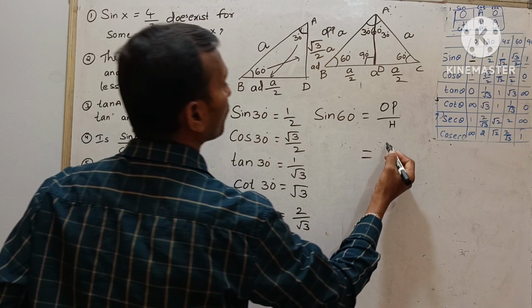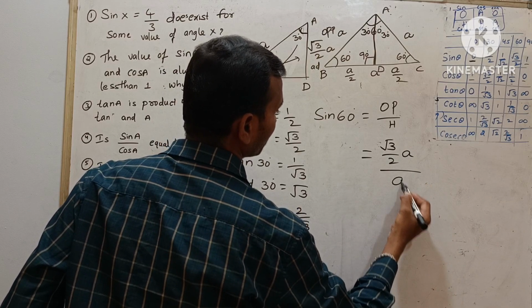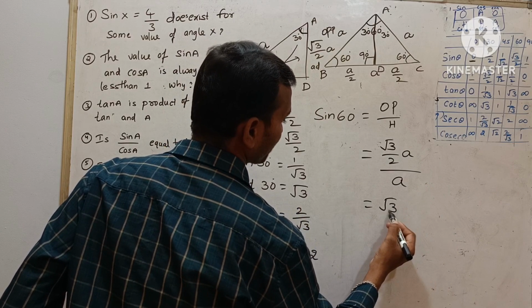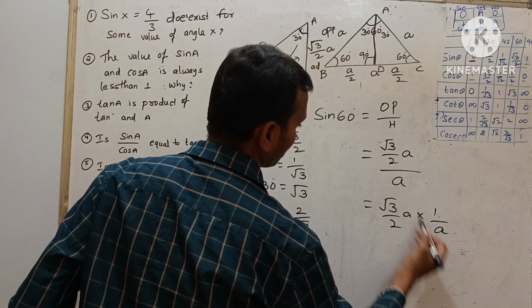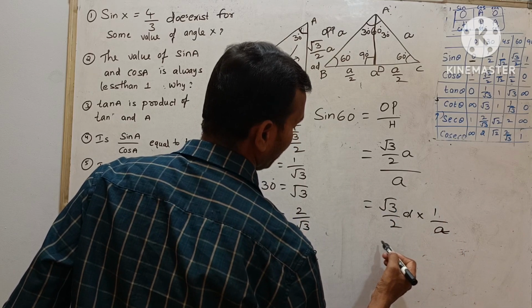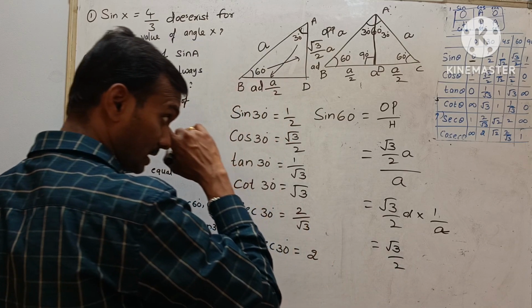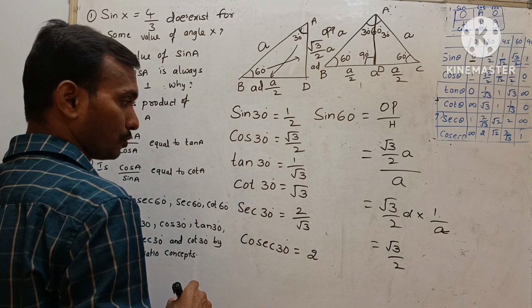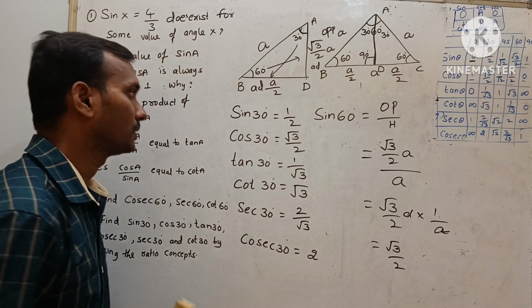Our opposite becomes root 3 by 2 times A, and the hypotenuse is nothing but A. Fraction by fraction, it becomes reversed, 1 by A. A gets cancelled, we are left with root 3 by 2. Sin 60 is nothing but root 3 by 2.